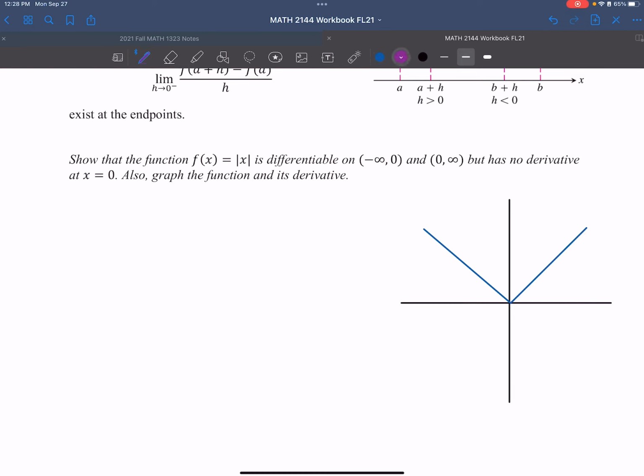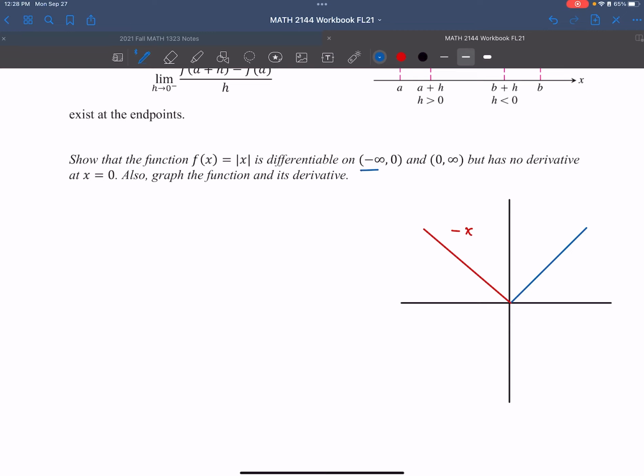If we consider the left-hand side of this function, let's highlight that in red, this is negative x. So this is what we want to figure out.